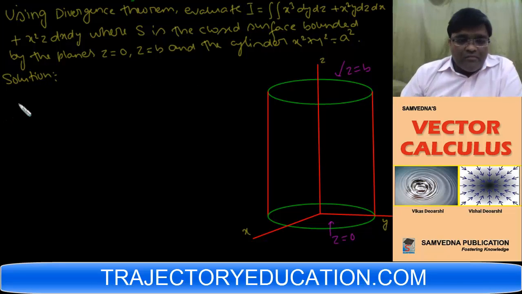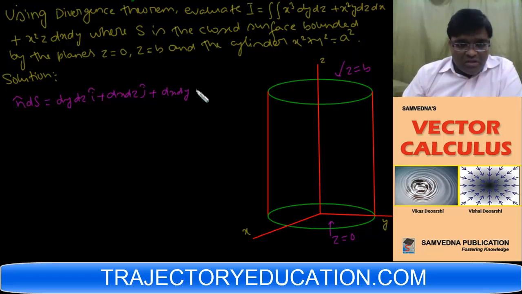See, I told you earlier that n dS can be written as dy dz i plus dx dz j plus dx dy k, right?